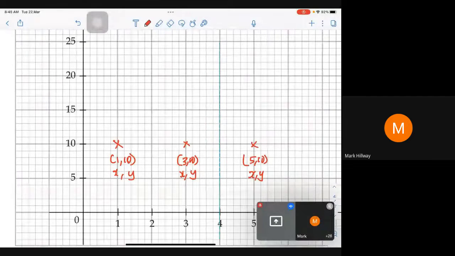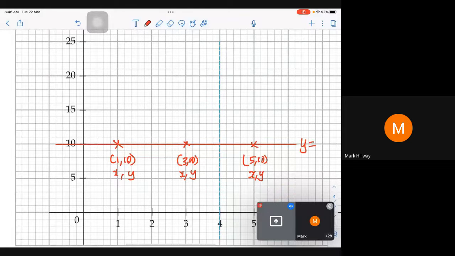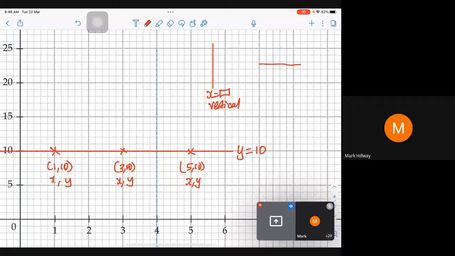So if we connect all the points, you see the value for y never changes. So this line will be y equal to 10. This is a horizontal line. Horizontal, melintang. If x equal to something, it's vertical. If like this, horizontal, y equal to something.